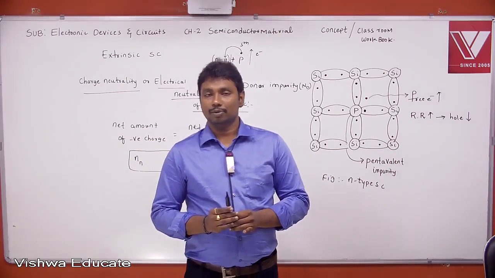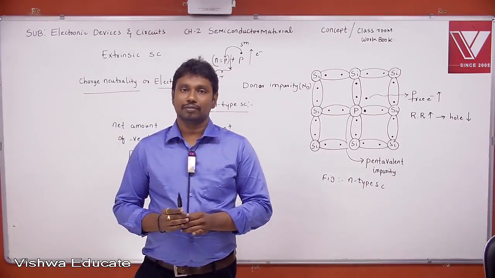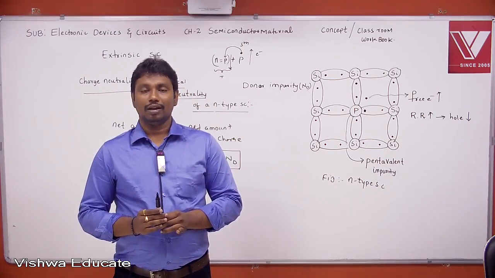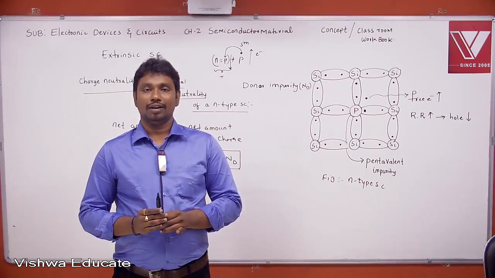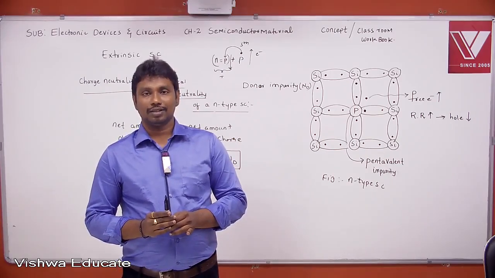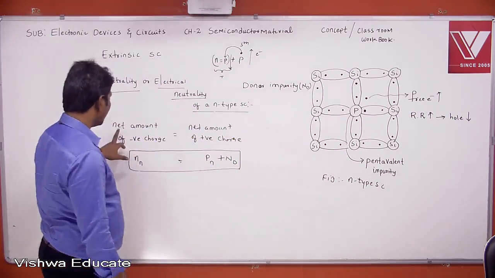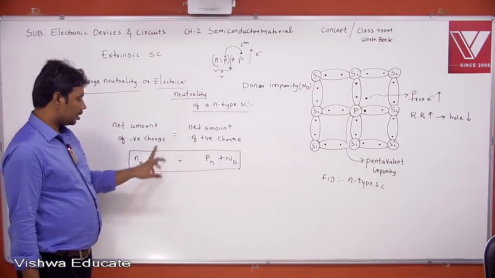Right? Next point. An n-type semiconductor is said to be electrically neutral or charge neutral because, yeah, write this one, the net amount of negative charge equals the net amount of positive charge, and copy this equation.